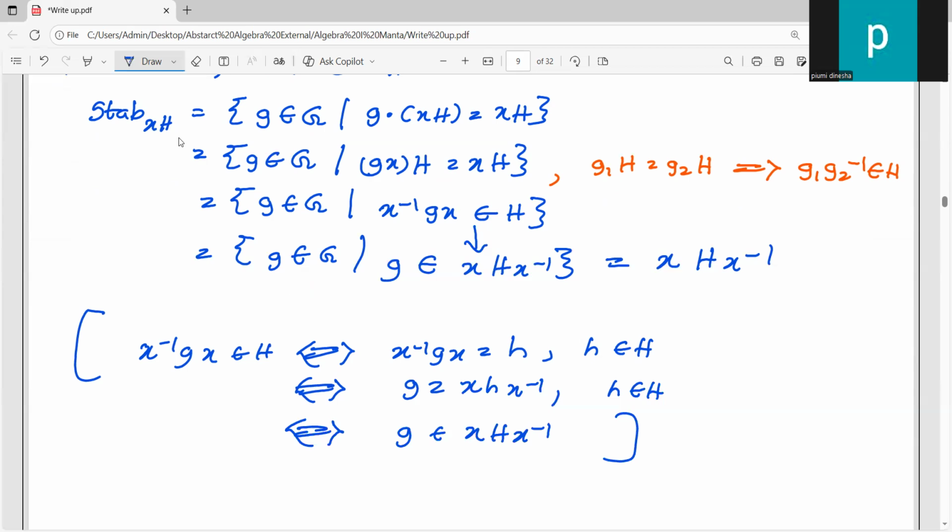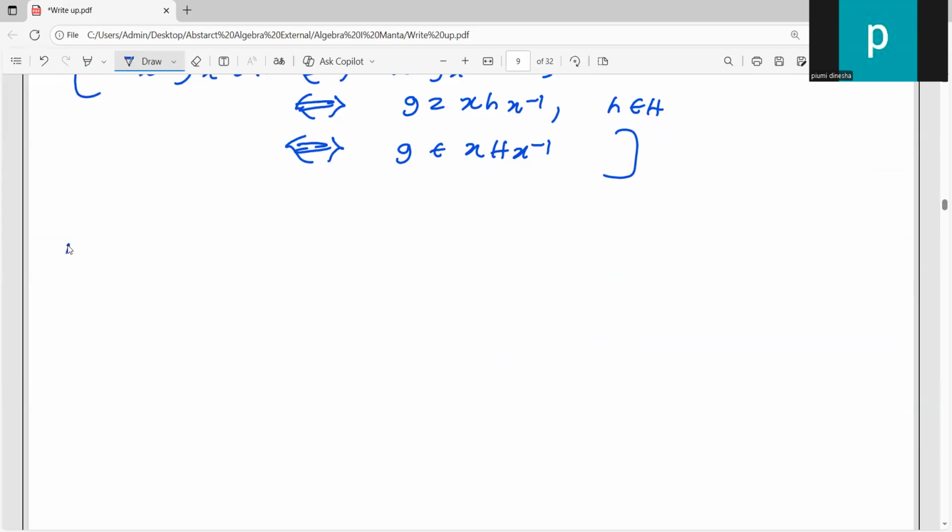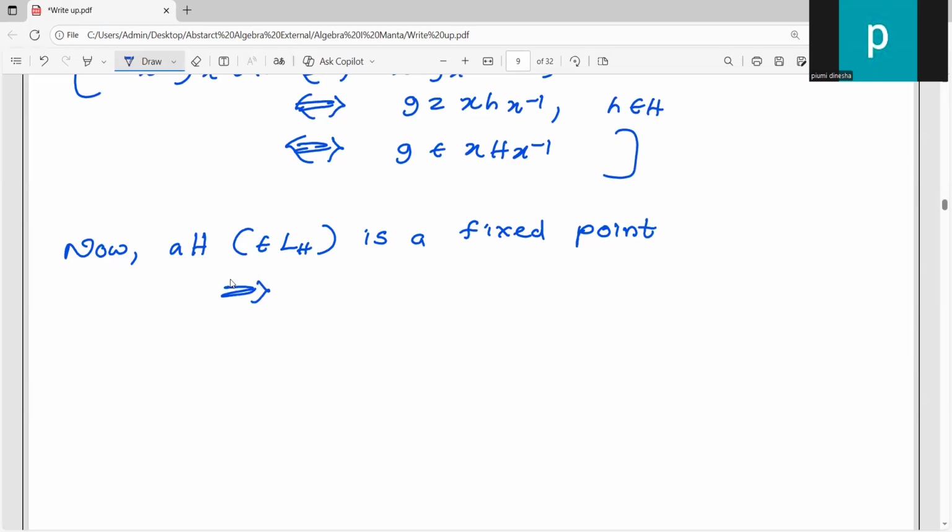So we see that the stabilizer of xH is equal to the set xHx inverse. Right. Now, to see what sort of fixed points we have, aH, which is an element in L/H, is a fixed point if and only if g·aH is equal to aH for all g that you take from this group.